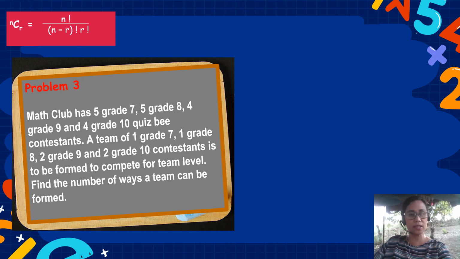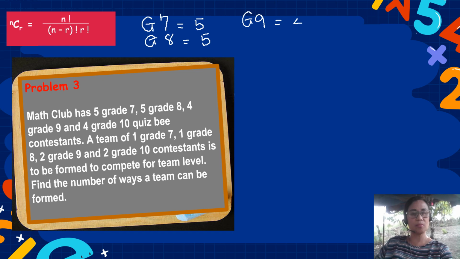First, let's list how many members of the math club we have. For grade 7, we have 5 students. For grade 8, there are also 5 students. For grade 9, it's represented by 4, and grade 10 also has 4.